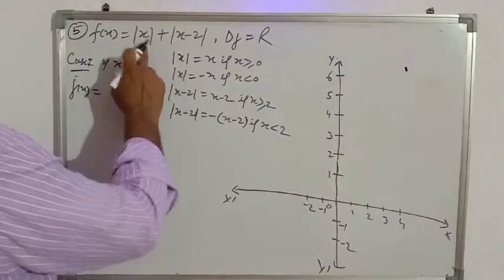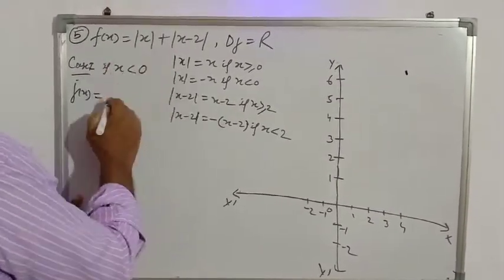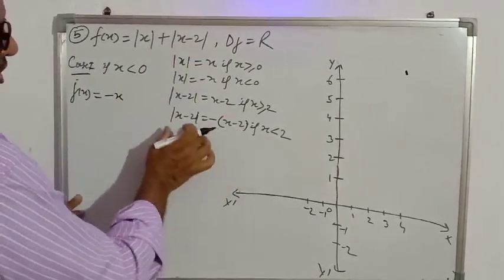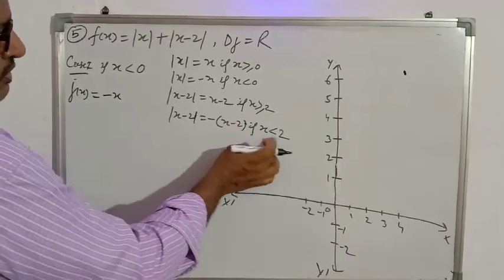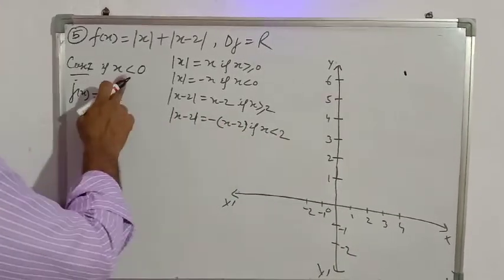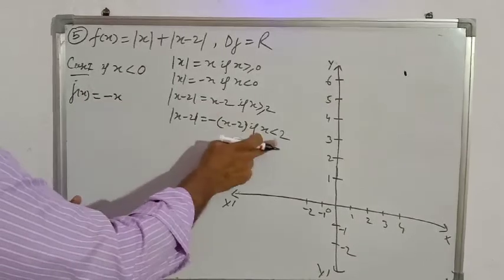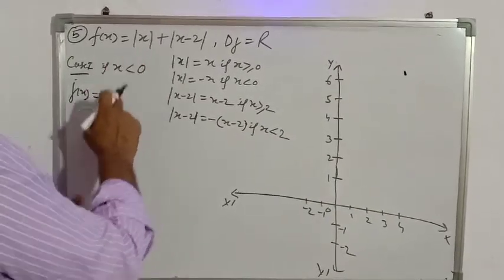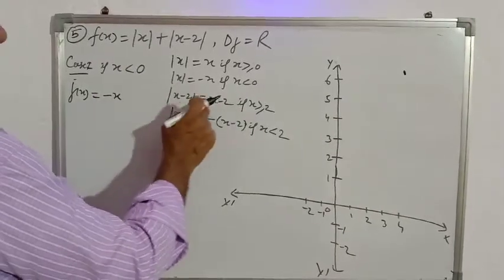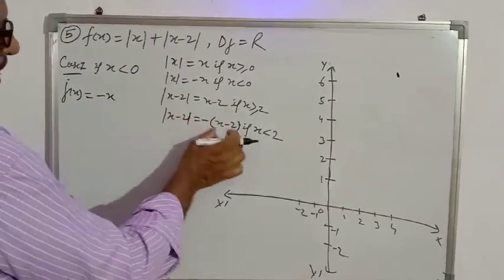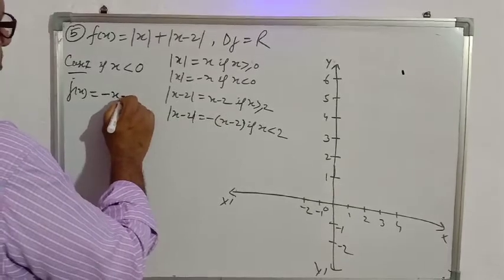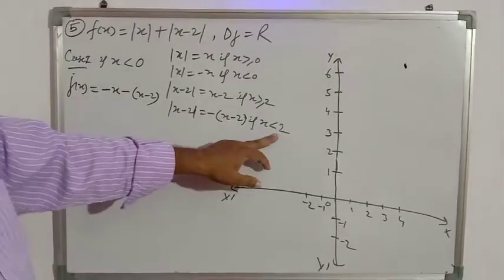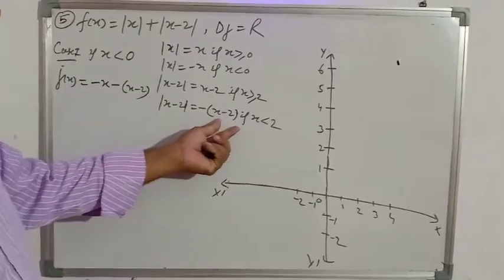So when x is less than 0, mod of x is equal to minus x. And mod of x minus 2 is minus x minus 2 if x is less than 2. Here we have taken x less than 0, and 0 is less than 2. So for x less than 0, mod of x is minus x, and mod of x minus 2 will be minus x minus 2, because for x less than 2, its value is minus x minus 2.